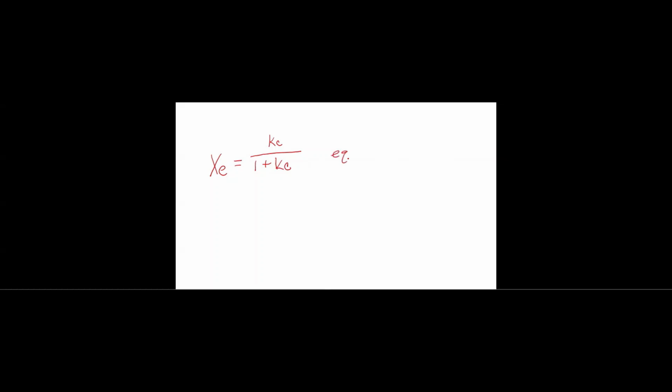This is equation E8-3.13 in Fogler 4th edition. And we are going to substitute in our definition of Kc that we talked about on the previous slide.